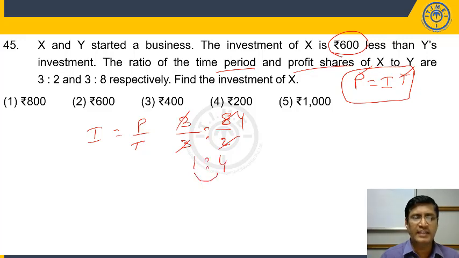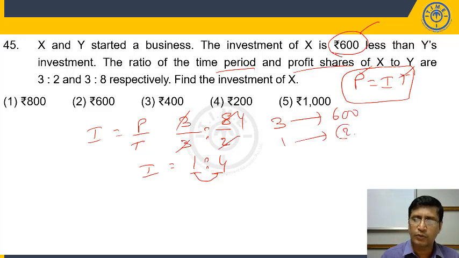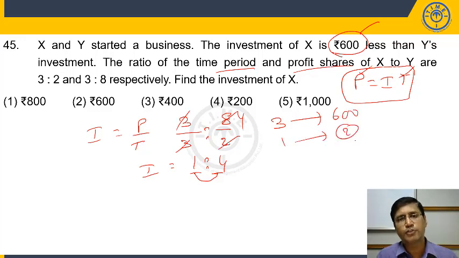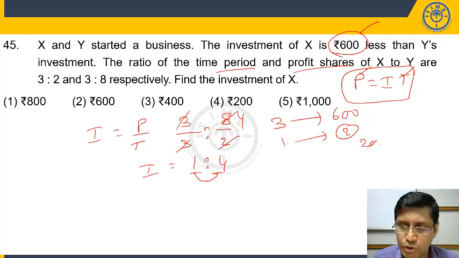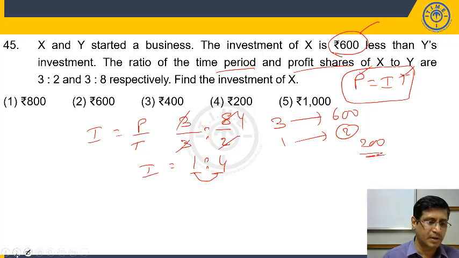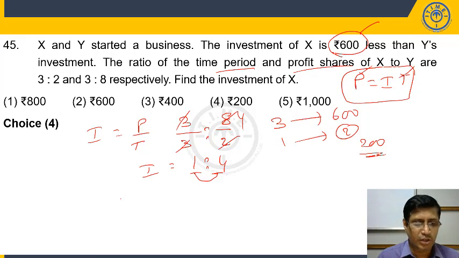The difference in the investments here is given as 600. Ratio wise difference is 3 parts. 3 parts is equal to 600. What about the 1 part value? So 1 part is equal to 600 by 3, that is 200. Option number 4. Choice 4 is the right answer for this question.